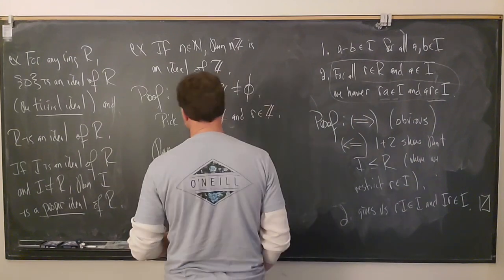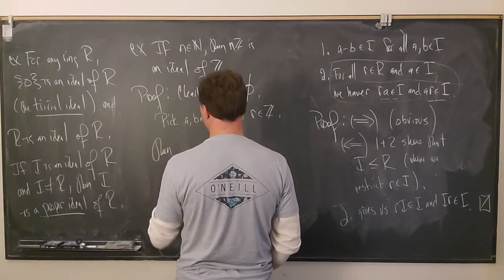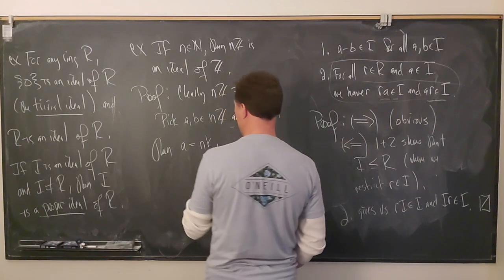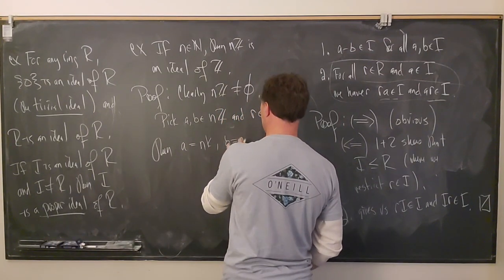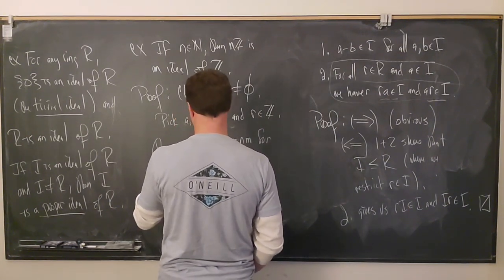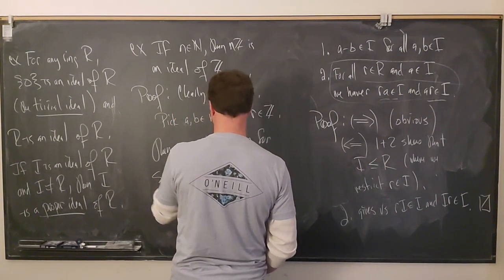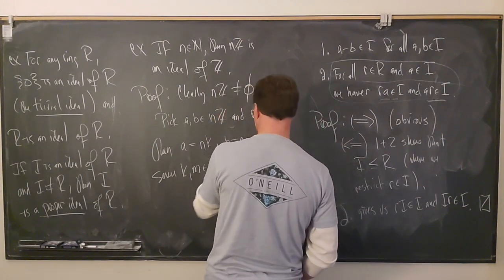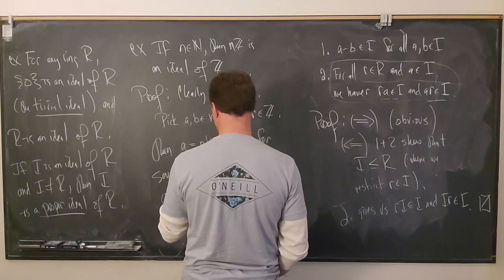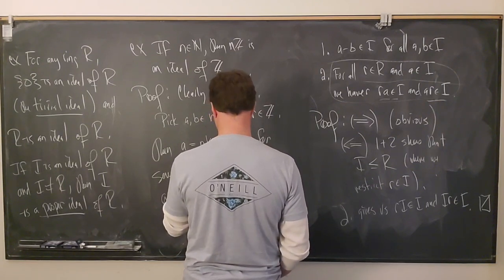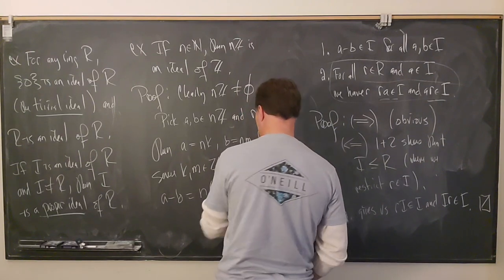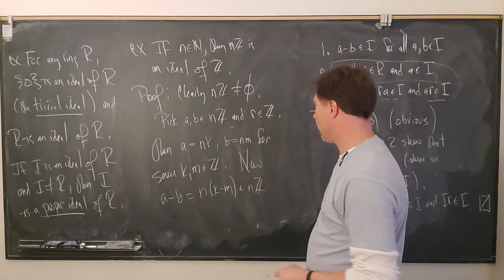So then a equals n times k and b equals n times m for some k and m in Z. So now, if I look at a minus b, that's equal to n times (k minus m), which is an element of nZ. So the difference is a multiple of n.